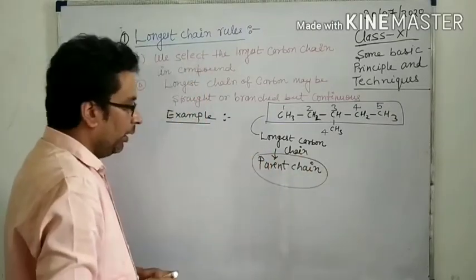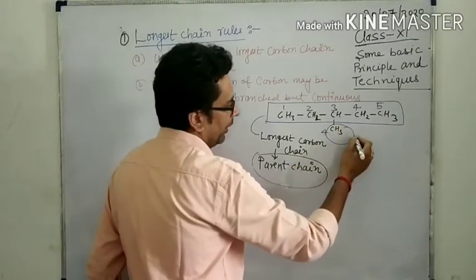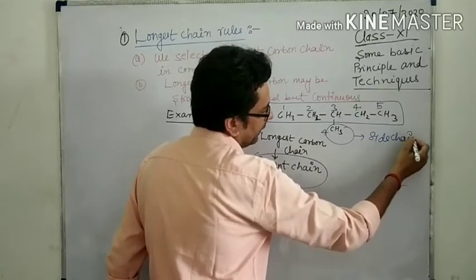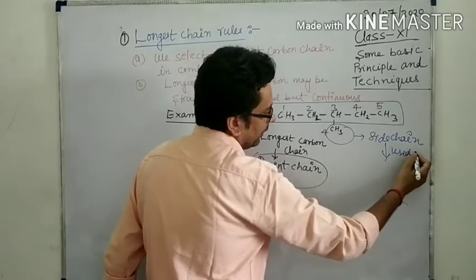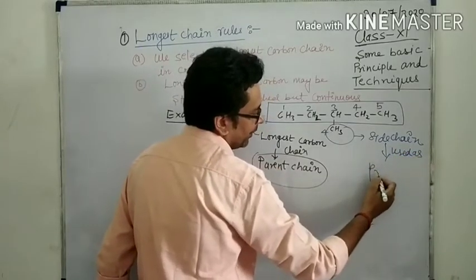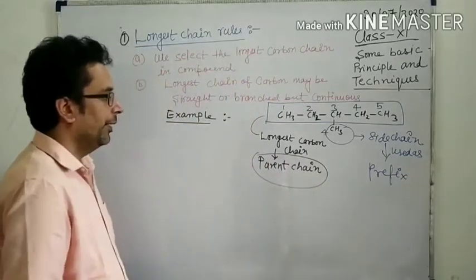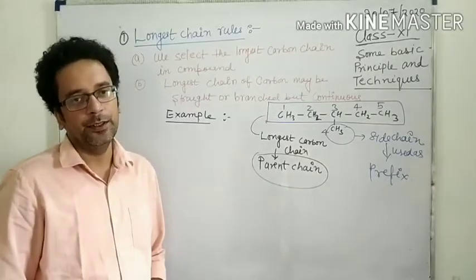Now, what about this? This is known as side chain, and side chain is used as prefix. So in this way, first we select the longest chain of carbon.